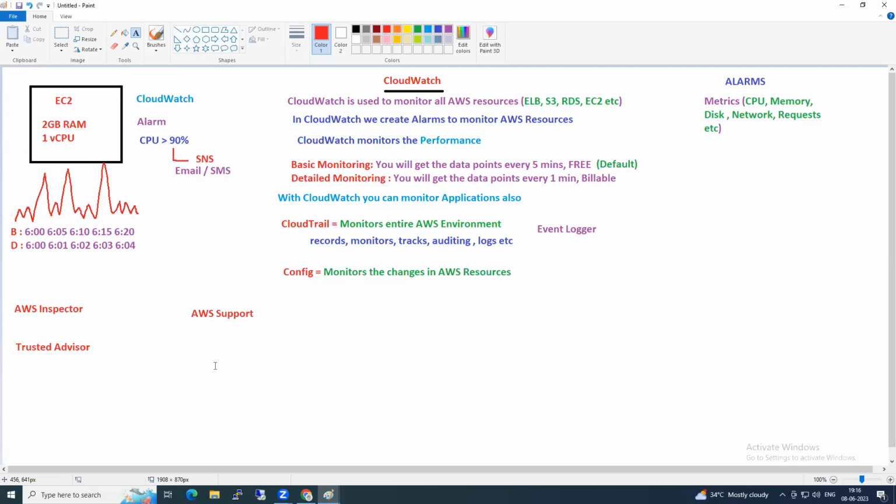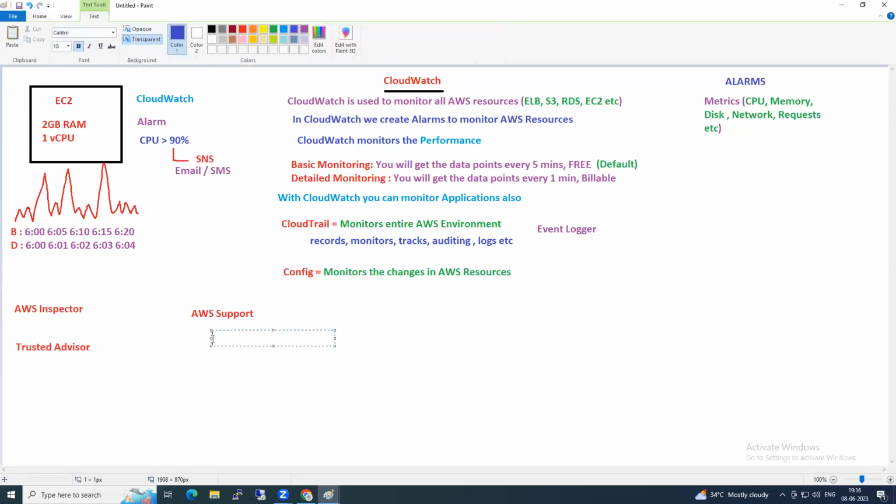If you have any issues with AWS, this is not working, that is not working, or you want any suggestion, there is something called AWS Support, nothing but customer service. We have different types of support: basic support, developer support, business support, enterprise support.